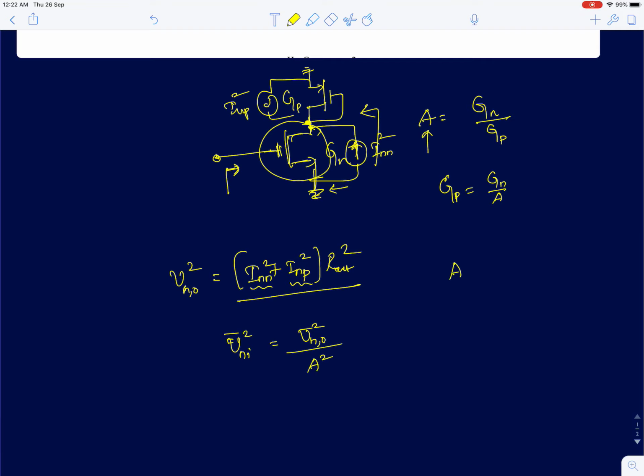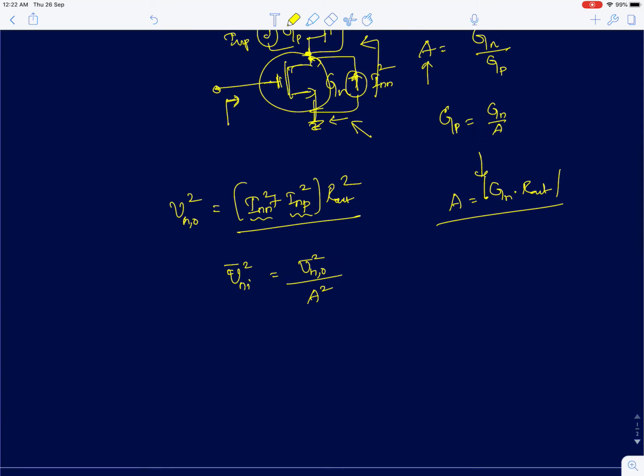Now we know the gain of this amplifier is simply Gn into R out. You can very easily show that the gain has a minus sign, but I'm just looking at the magnitude of it, so it is Gn into R out.